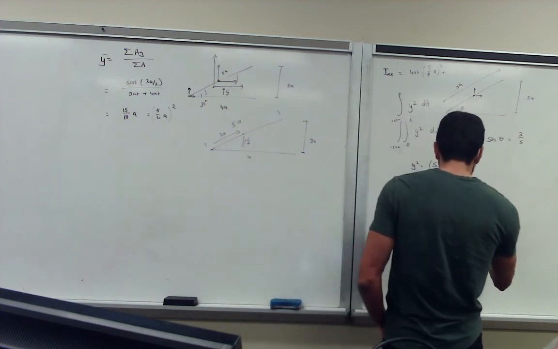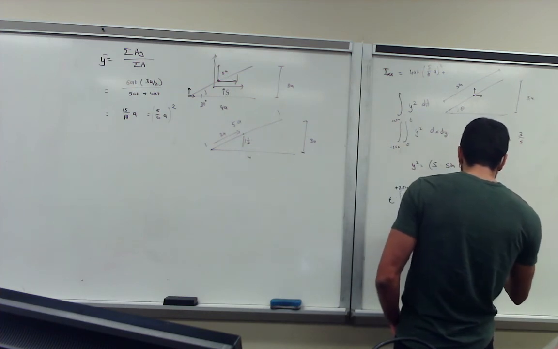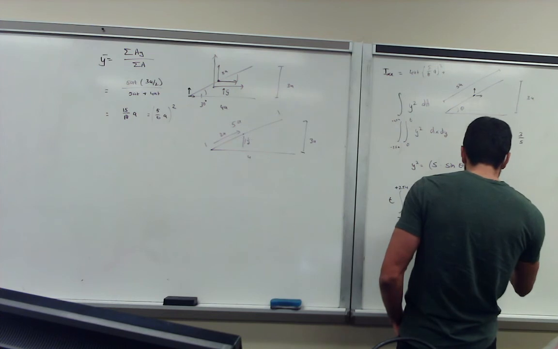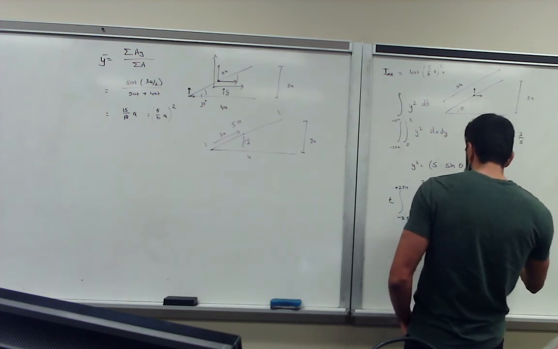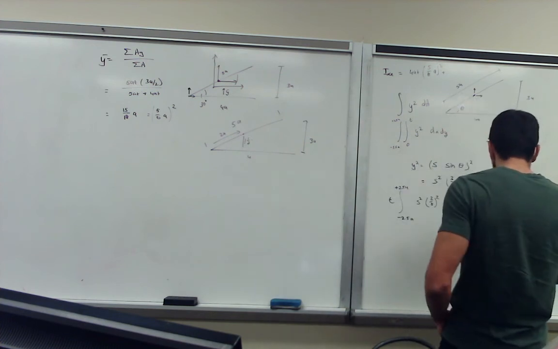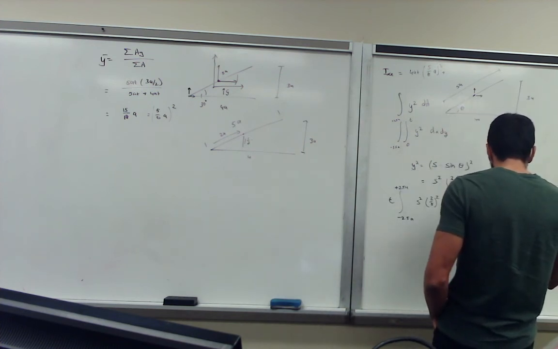This becomes s cubed over 3, evaluated from negative 2.5a to plus 2.5a, multiplied by t and by 3 over 5 squared.